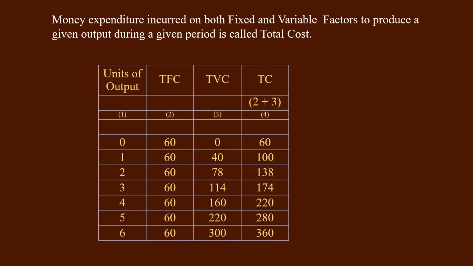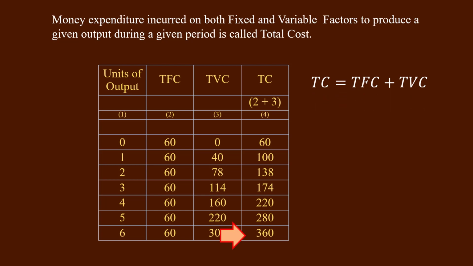Total cost. Money expenditure incurred on both fixed and variable factors to produce a given output during a given period is called total cost. Look at the fourth column. It represents total cost values. These values are calculated by adding total variable cost with total fixed cost.